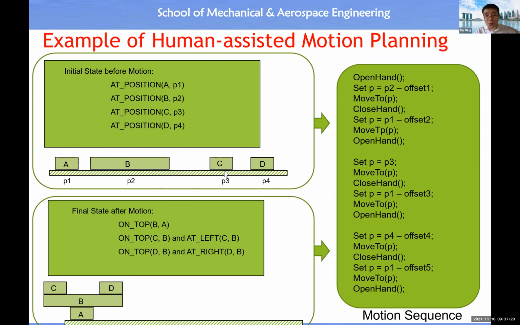Then this one is go to position vector P3, to the location of part C, pick up part C, and place it on top of part B. Then this one is go to part D, pick up part D, and place it on top of the sub-assembly at the location of part A. Because after this, at P1, you have B on top of A. After execution of this sequence of motion, you have a sub-assembly of C, part B, part A. Then after the execution of this motion sequence, you will have D on top of the sub-assembly of CBA.